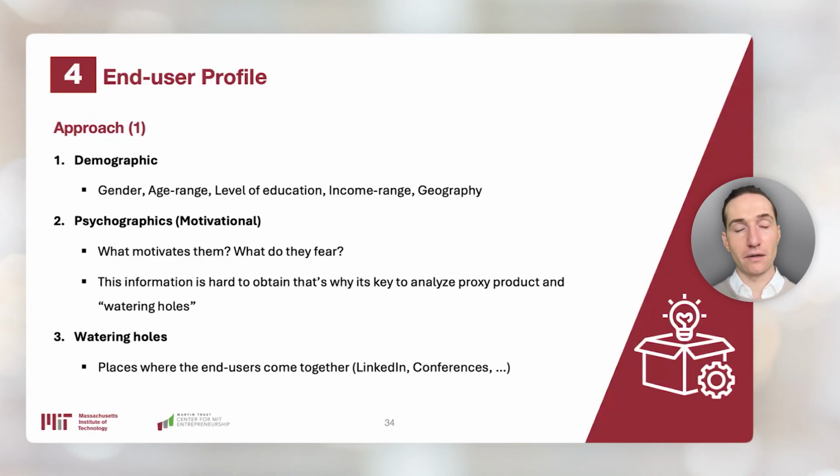And finally, for this slide, what are the watering holes where those end users meet? So what kind of LinkedIn pages are they going to use, what kind of social media are they using, are they going to certain kinds of conferences? So you need to identify where you meet your potential end user. This is important.